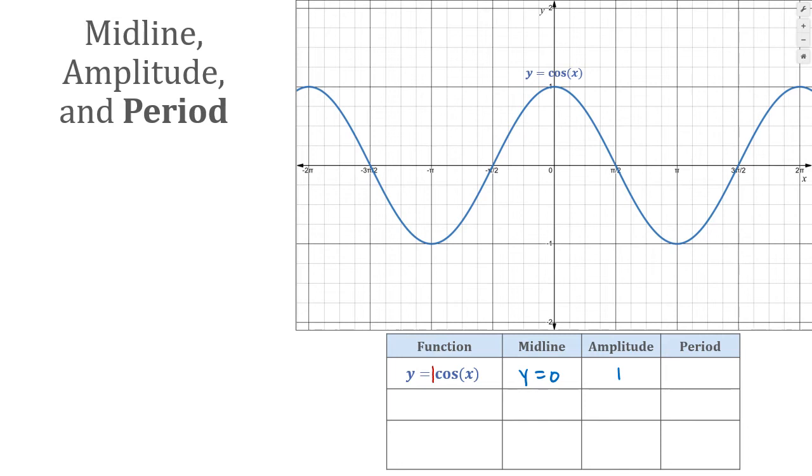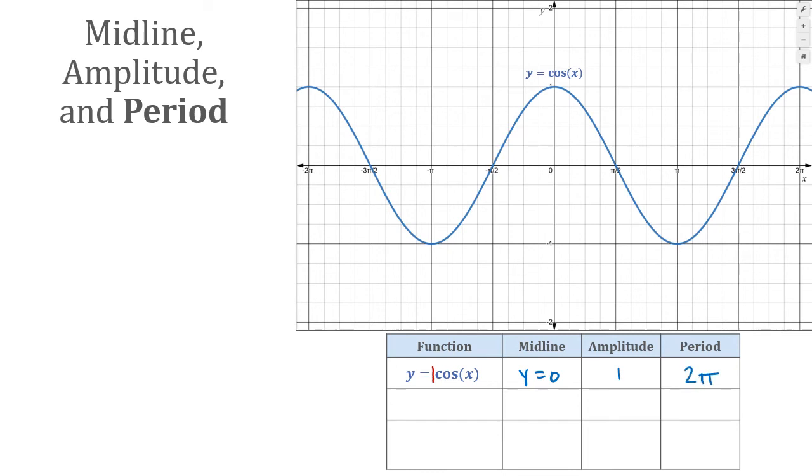So the absolute value of that 1 is 1. If there were a negative in front of that, it would still have an amplitude of 1, but now it would just be a reflection, a horizontal reflection of this cosine function. The period is 2 pi. All right, so nothing new there.